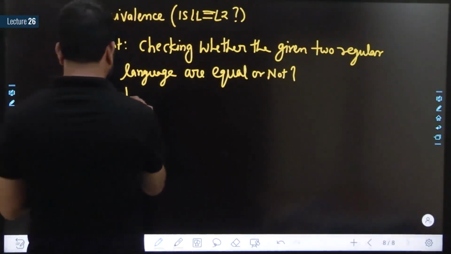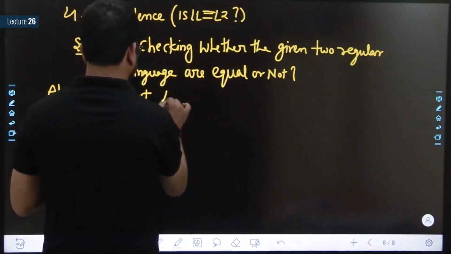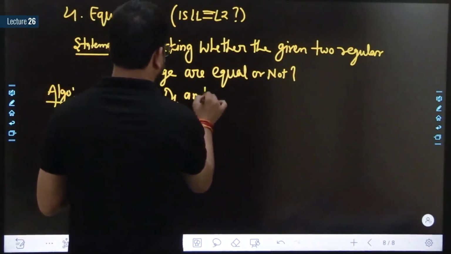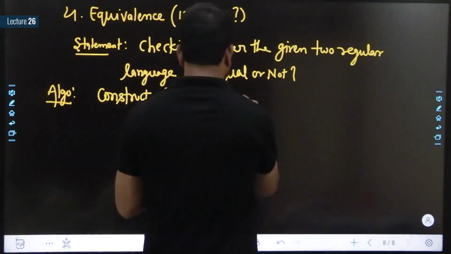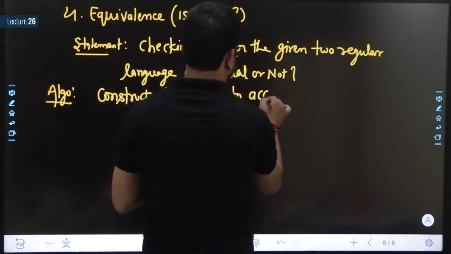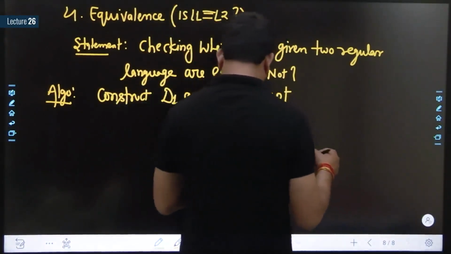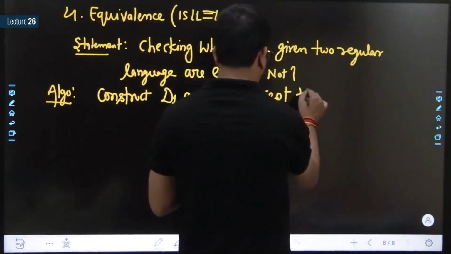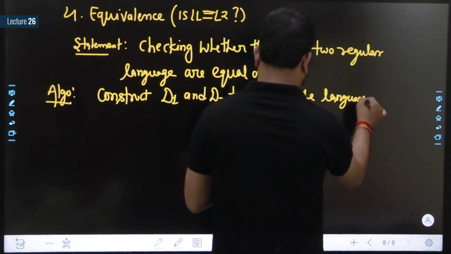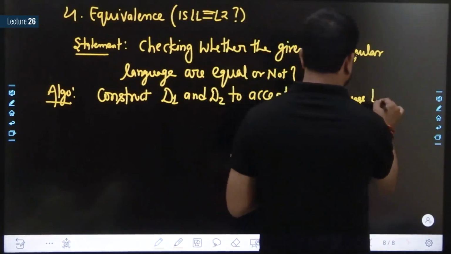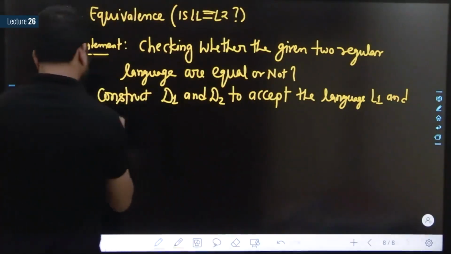Construct D1 and D2, which are DFAs that accept the languages L1 and L2 respectively.